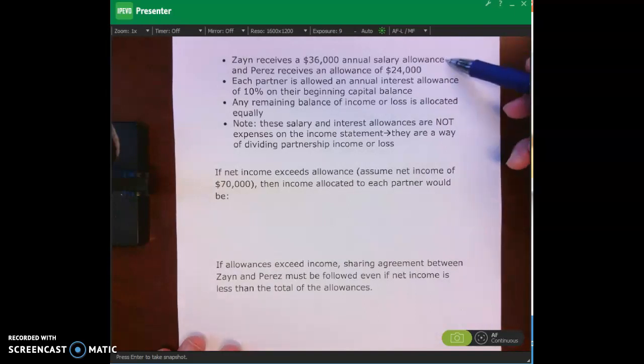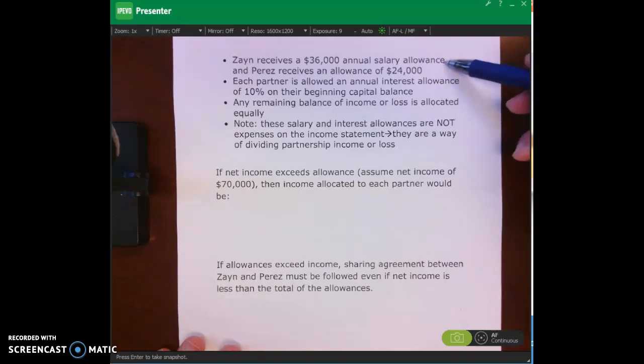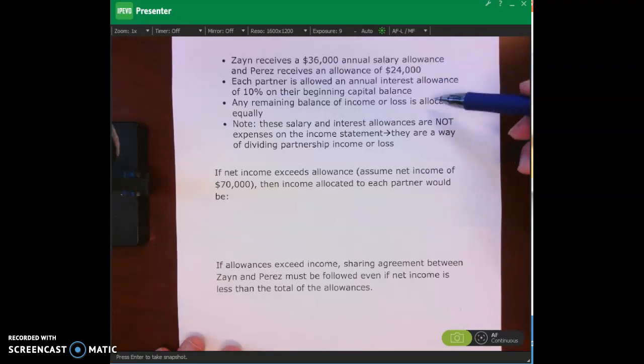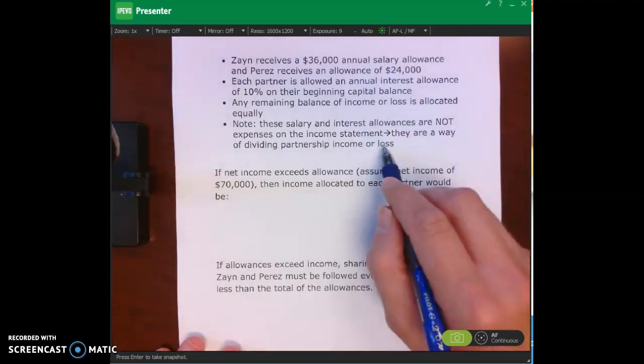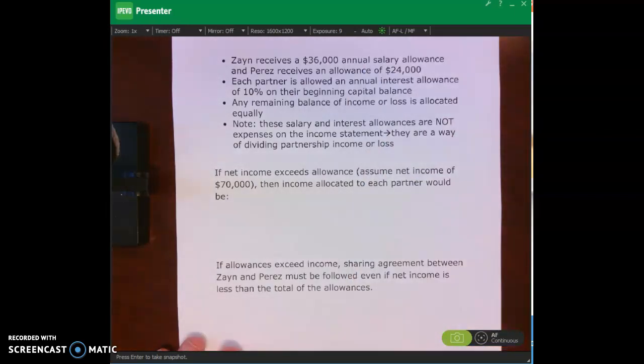So this is based upon service contributions, capital balances, and then the stated ratio. We're going to follow this process: start here, then move here, and then move here. Remember, these salary allowances are not expenses on the income statement. They're simply a way to divide the partnership income or loss.